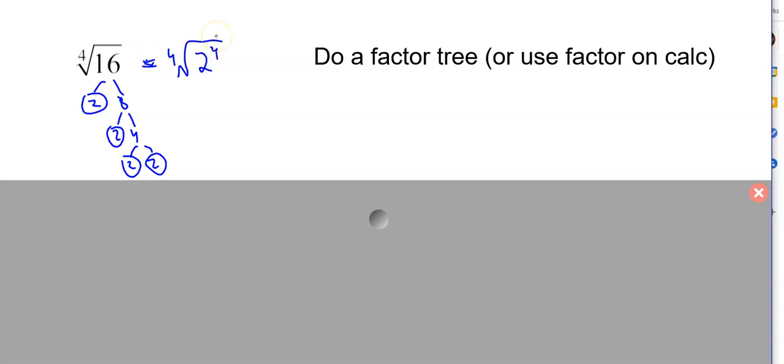This is a much easier problem to solve. Fourth root of 2 to the fourth, it's an even root, so I know it's positive, and it's just going to be 2, because you're undoing what's the opposite of putting something in the fourth power? You're putting it to the fourth root. So you're looking for 4 things the same. You have 4 things the same, so it's just 2.